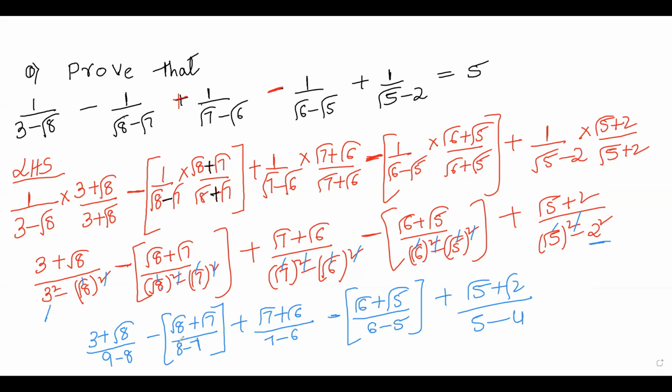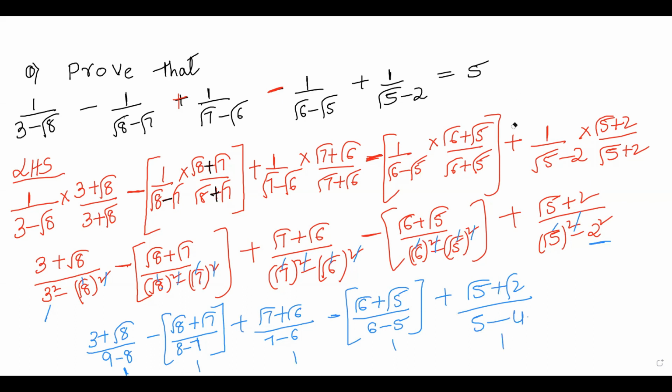Okay, so in every term we are getting denominator as 1. Here 9 minus 8 is 1, 8 minus 7 is 1, 7 minus 6 is 1, 6 minus 5 is 1, 5 minus 4 is 1.